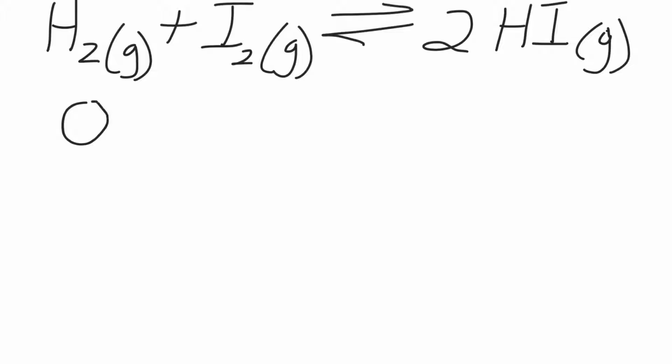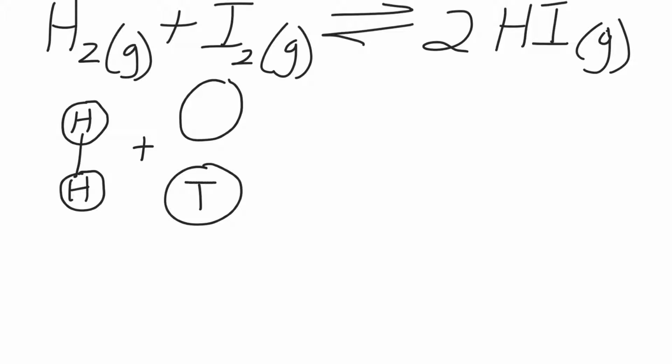So if we have the hydrogen molecule, which is two small hydrogen atoms joined by a covalent bond, and they are going to react with two larger iodine atoms, also joined by a covalent bond, and these are known as reactants.